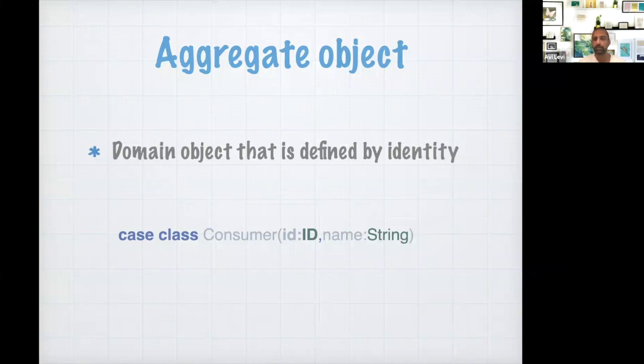So we can have two persons with the same name, but they're still different persons because they have different IDs. But if we have two persons with the same ID, then we can definitely say that this is the same person, even if the name is inaccurate. So this is the entity object. Usually it is defined by some kind of unique ID.